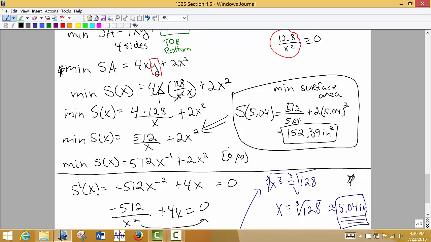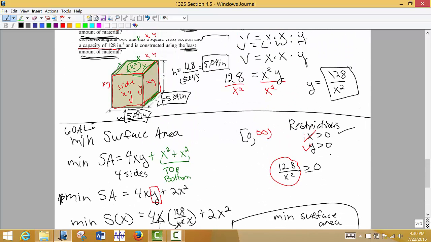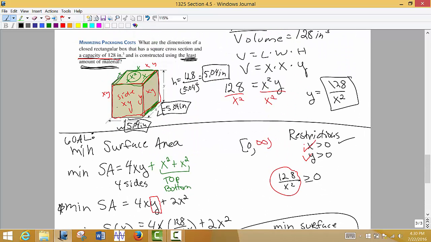And actually, can I even plug in 0 into this equation? And I can't, because then I'll get something that's undefined. So really the only thing that I can plug in to test out for comparison of minimal value would be 5.04. So it's kind of nice. So this is the only thing that I can actually plug in. And so this is our minimal surface area, and then we can use that x value to determine the dimensions of the box.